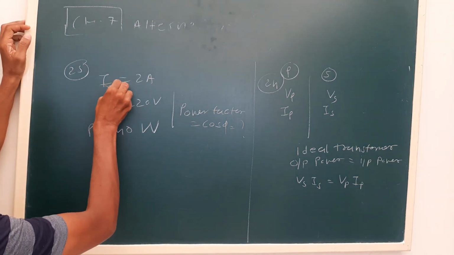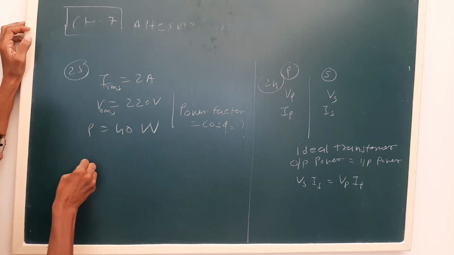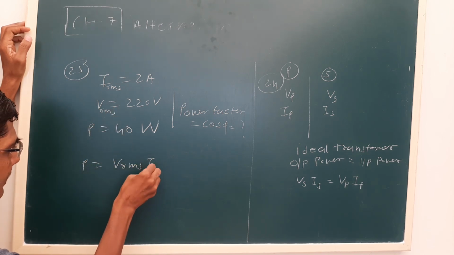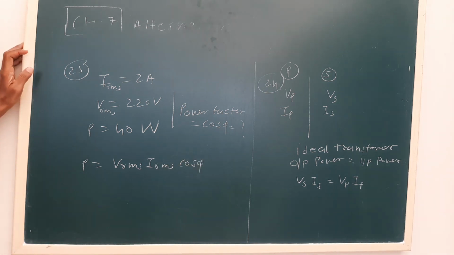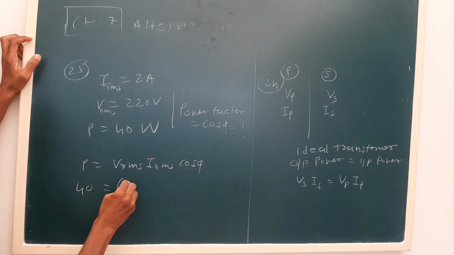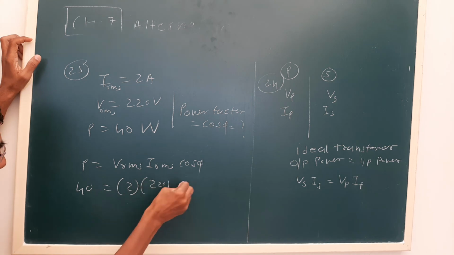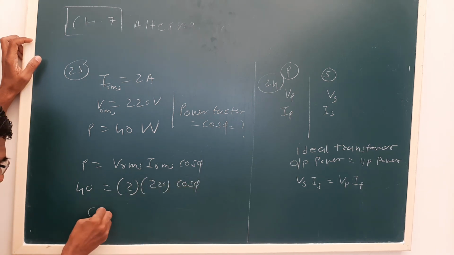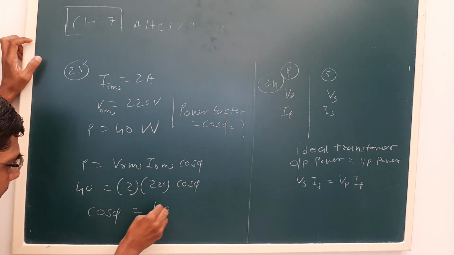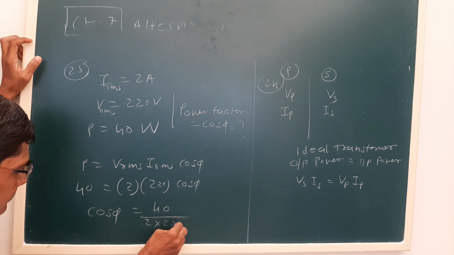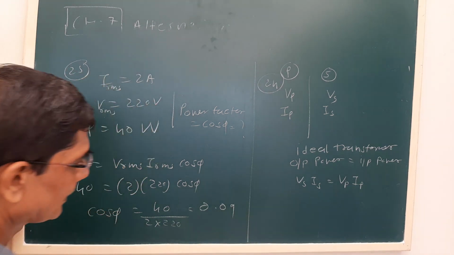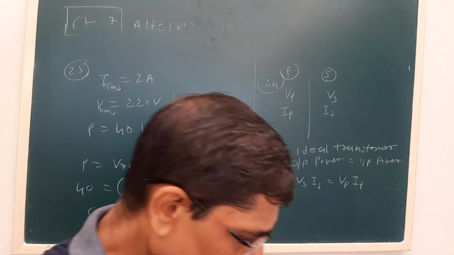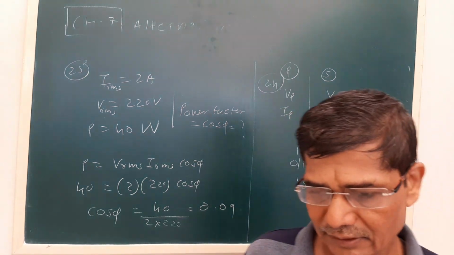So power is VRMS IRMS cos phi. Okay, so power is 40. So cos phi is our power factor. If we solve, we'll get 0.09. So this is how we can calculate the power factor of a given circuit.